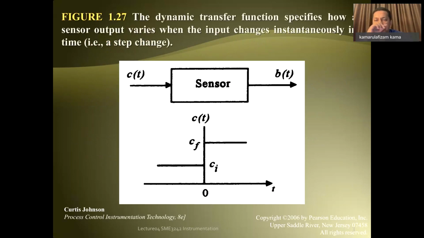Okay, so basically this is a response of a sensor. You have C(t) in the input and B(t) in the output. All right, and the response basically shows how the input and output change over time using a step function at the zero in the axis, meaning that the previous state of the sensor is at the C_i level, and suddenly you switch off the system, or suddenly you detect something, it changes the magnitude, the amplitude to C_f basically.